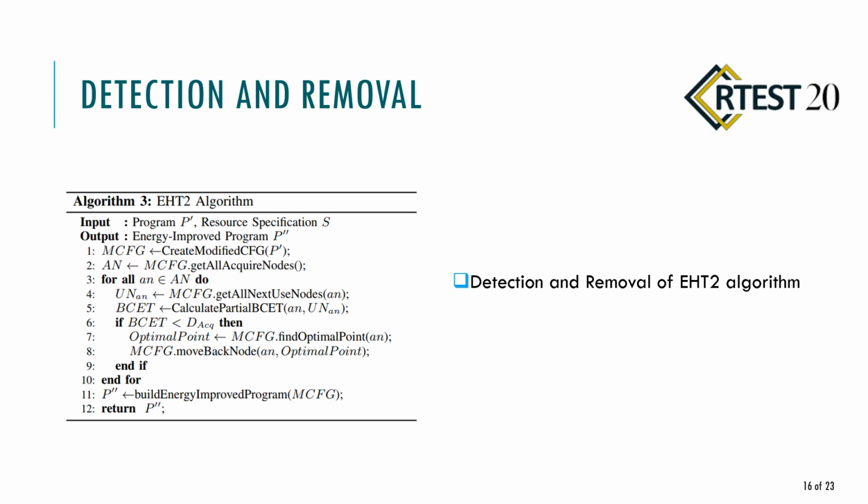If the partial B set between the acquire node and all its subsequent use nodes is less than the delay for acquiring the resource, which is the acquire, then the acquire node needs to be moved backward. The optimal place for inserting the acquire node is where the partial B set to the next use nodes is equal to the acquire, which has been shown in line 7.